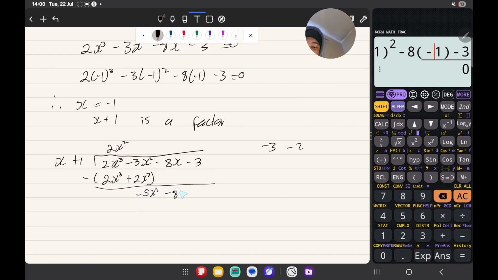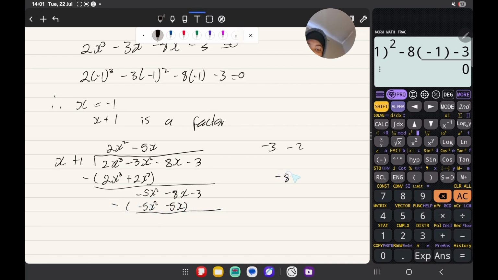I bring down the rest, and you do that, that is minus 5x squared minus 5x. Then we subtract. This is 0.